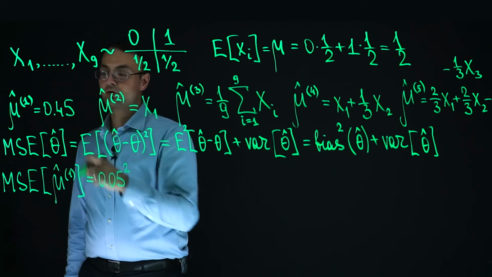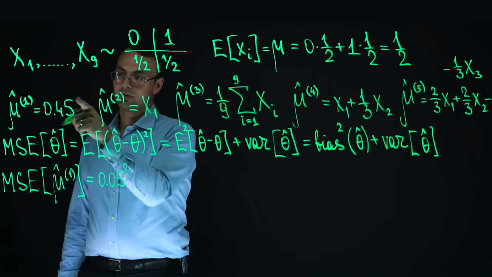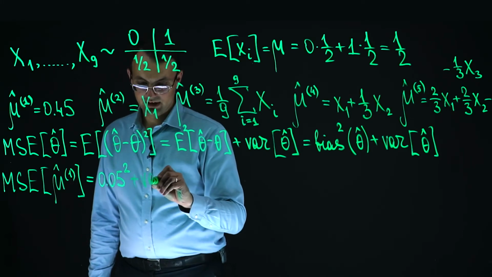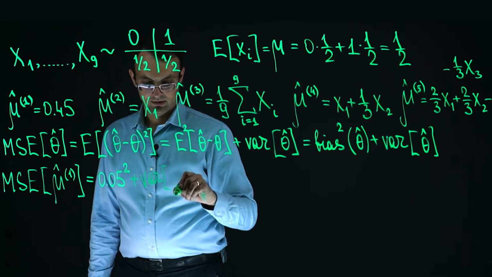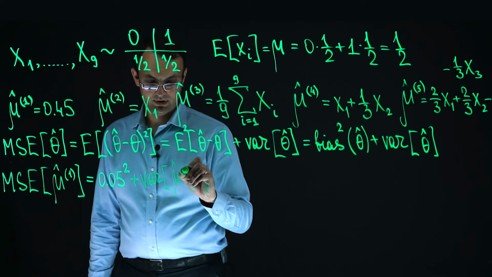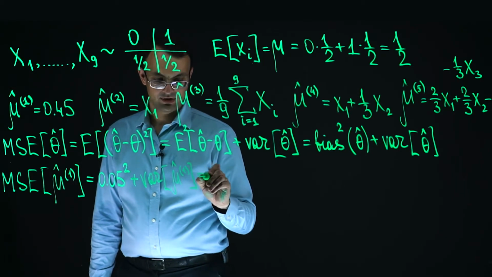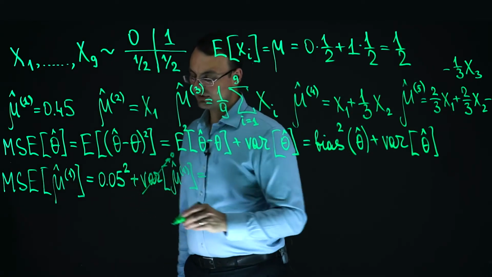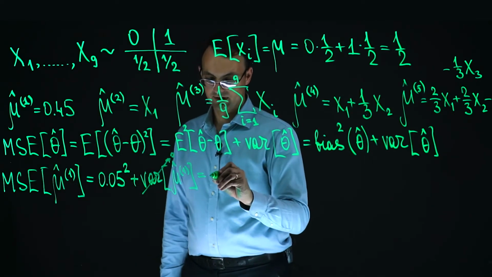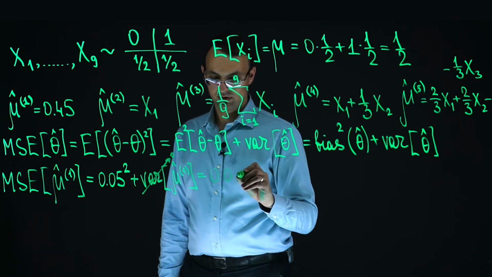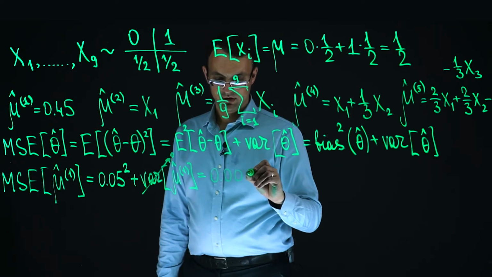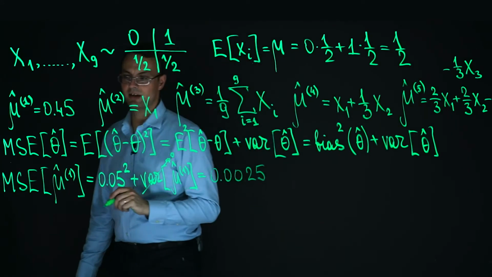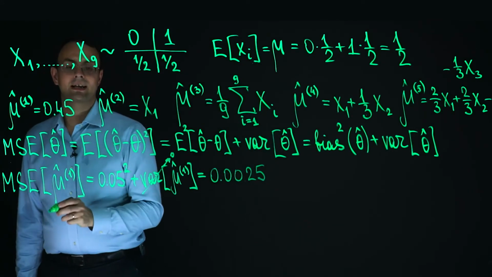The variance is actually 0, as this estimator is non-random, so the variance of mu1 hat is 0. So this is just 0.05 squared, that is 0.0025. So this is the MSE of mu1 hat.